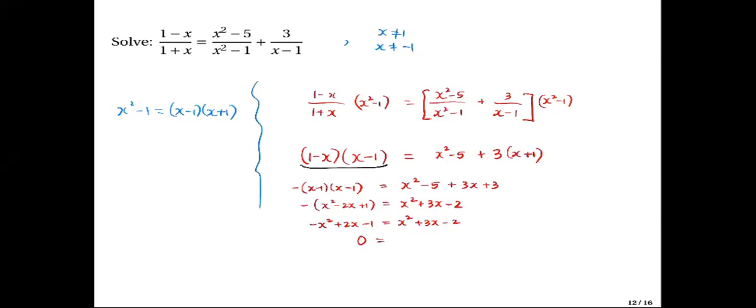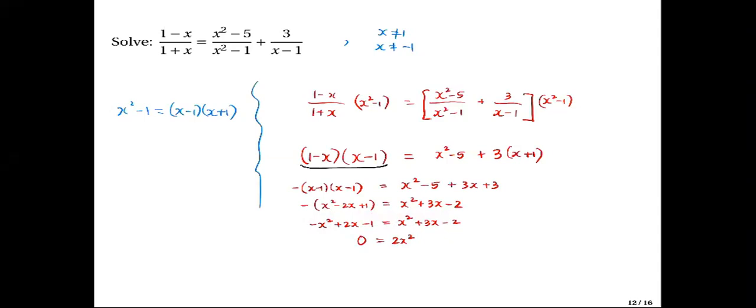And then when this here moves to the right-hand side, it becomes plus x squared. And we still have the x squared here. So we'll get 2x squared. Here, if we bring this to the other side, it becomes minus 2x.